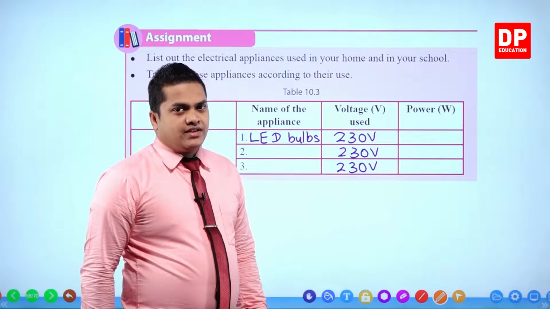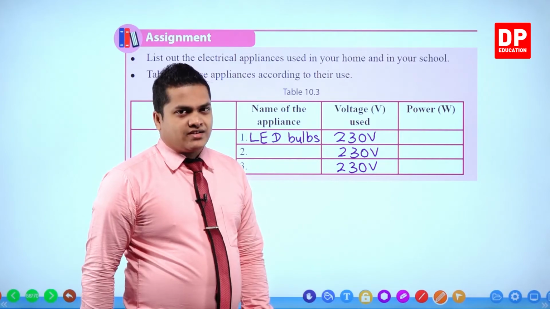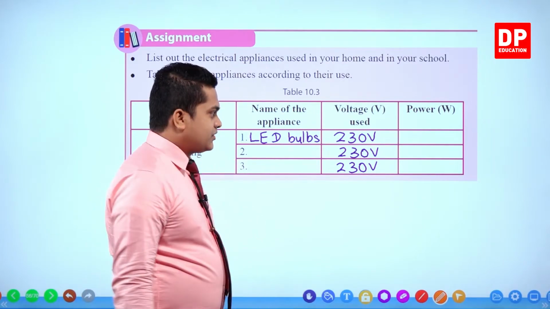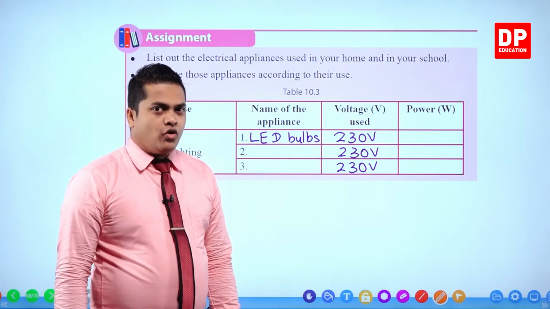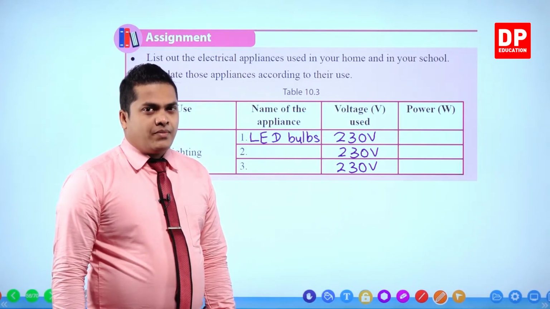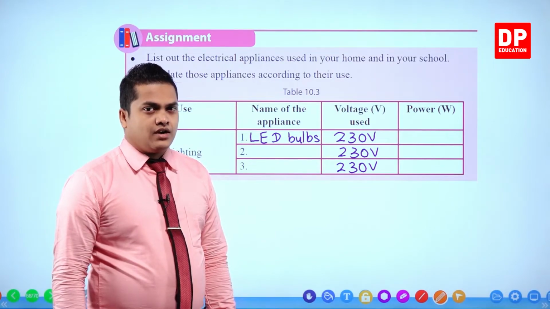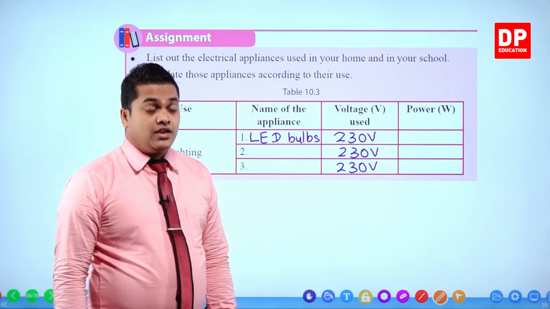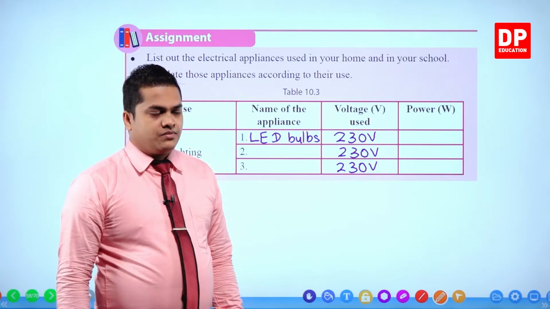I even explained this in the earlier lesson when I was discussing the measurements related to electricity. So each and every household electrical appliance at your home has been made to bear 230 volts of potential difference maximum.